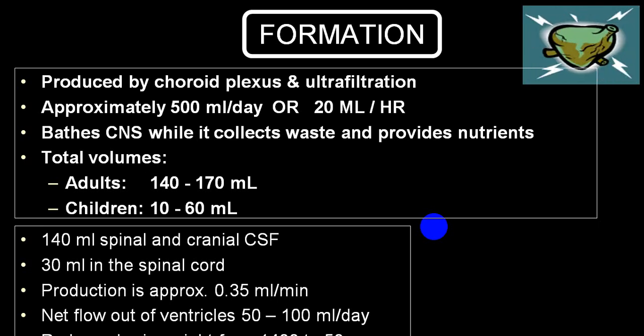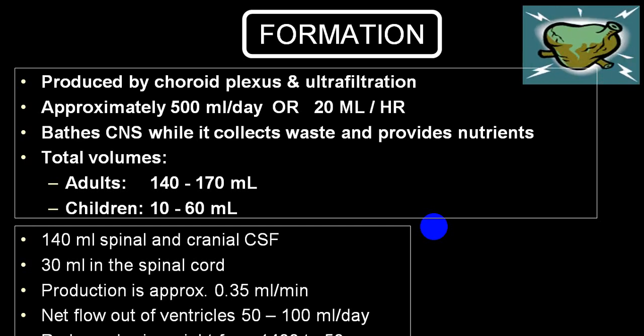CSF surrounds the brain, the cerebral hemisphere. In an adult, the total volume is between 140 to 170 ml, and in children it is 10 to 16 ml.